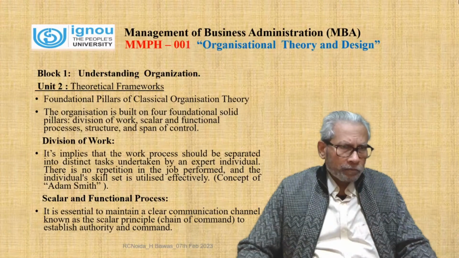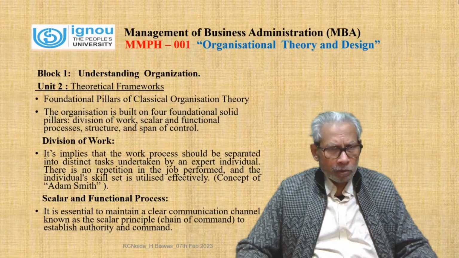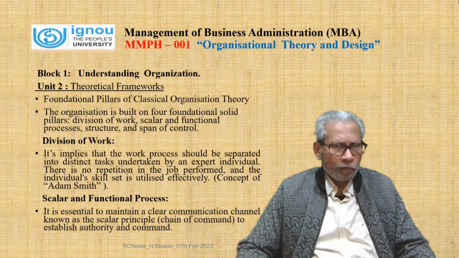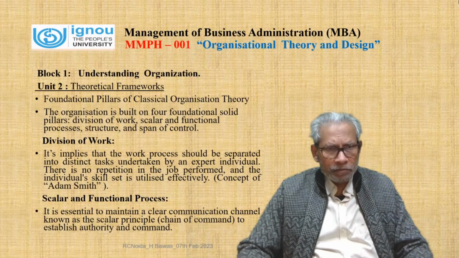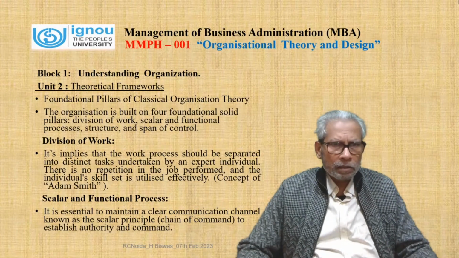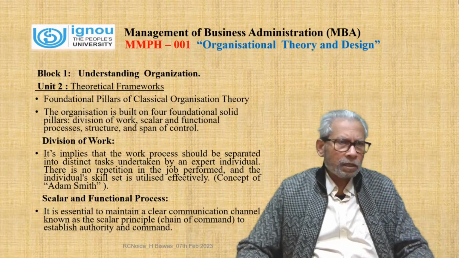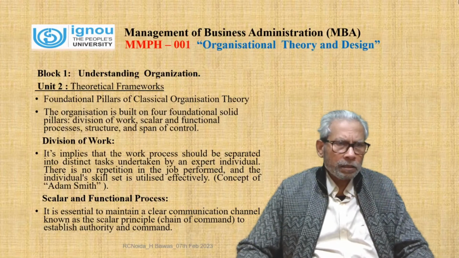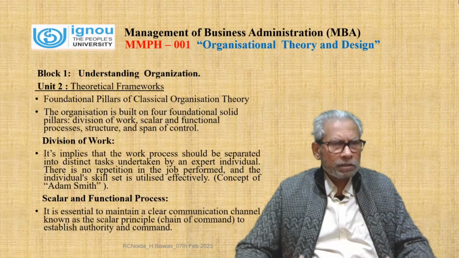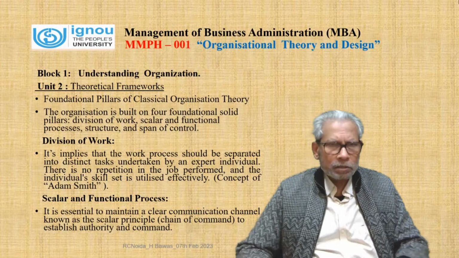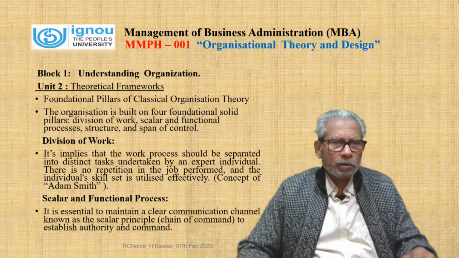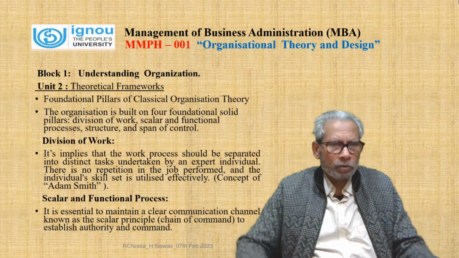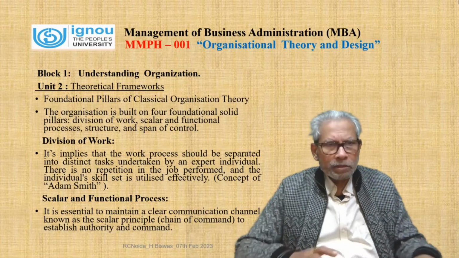The main thing is that the organization is built on four foundational pillars. You can say the division of work is one pillar, the scalar and functional process is another pillar, then structure is one of the pillars, and span of control. How much area the control goes. So this is the fourth pillar.